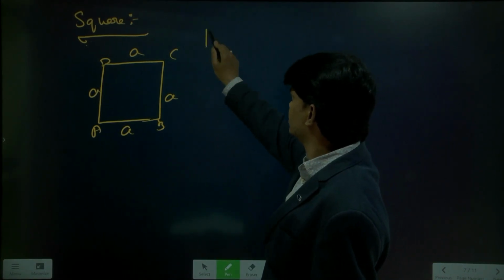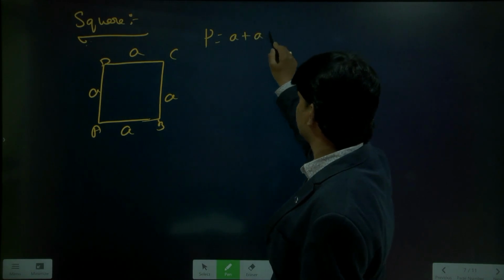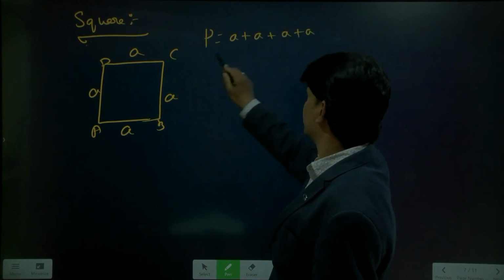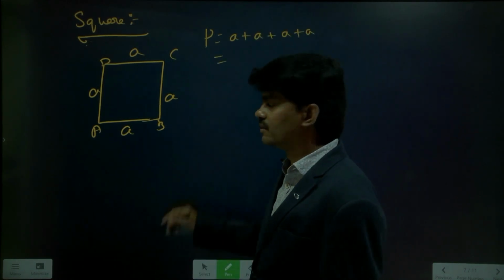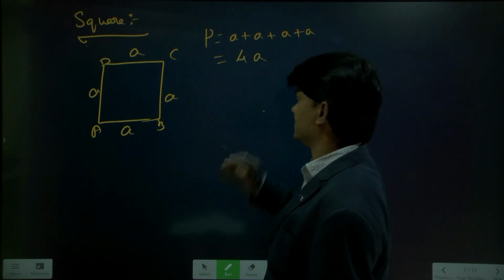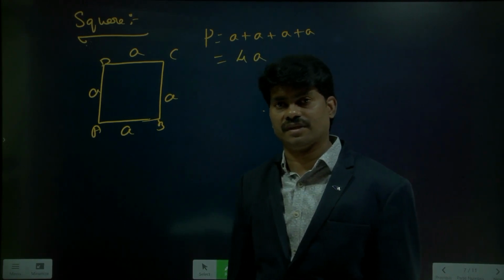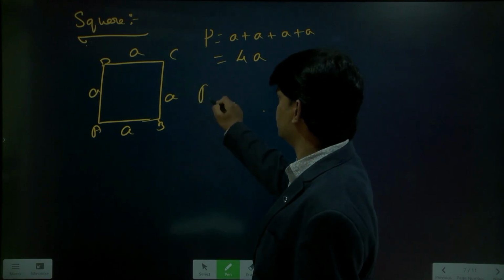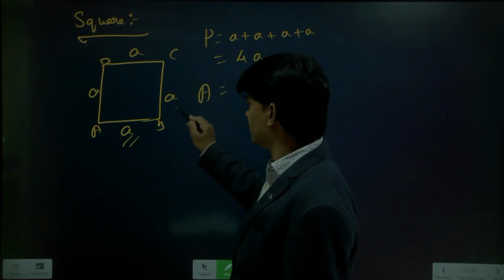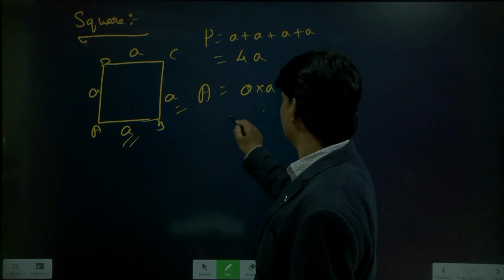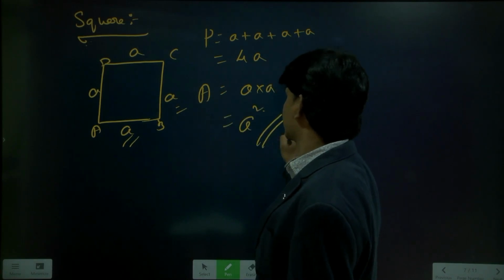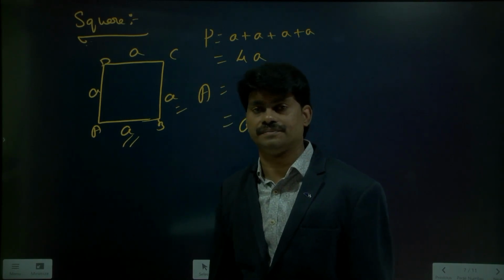Now perimeter, sum of all the sides: A plus A plus A plus A is equal to 4A. Now area. So length and breadth, A and A. A and A is how much? A square.